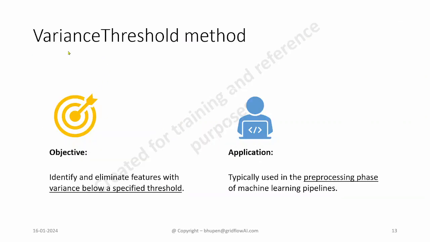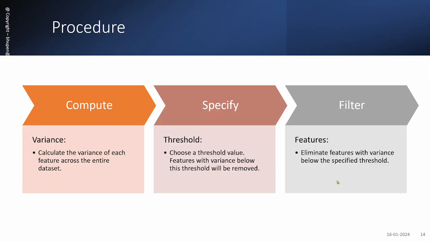Let's look at how we implement the variance threshold method in Python. We need to identify the data and the column, and also, most importantly, decide the threshold, and then apply the threshold to detect which columns are candidate columns for possible dropping. This is used in the pre-processing phase of your machine learning.